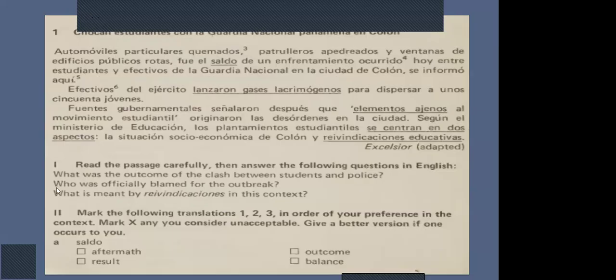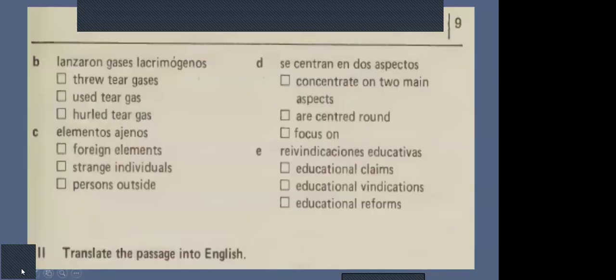Right, let's try to move on to more vocabulary here. Now, lanzaron gases lacrimógenos. What would be your choice? Throw tear gases. Yeah, that's more descriptive. I agree with you.